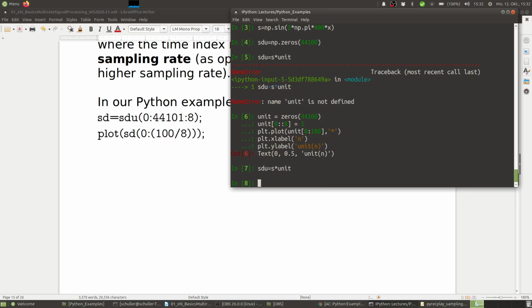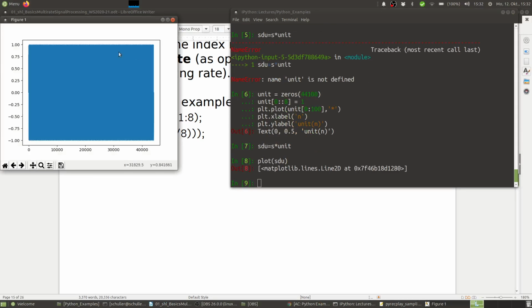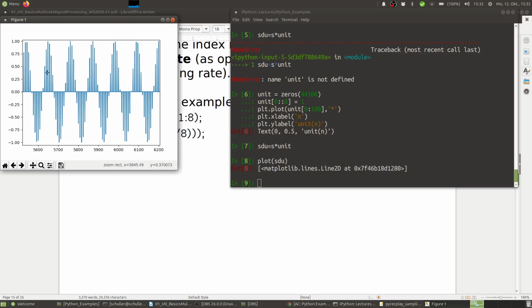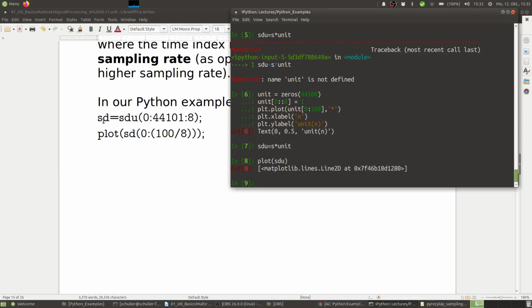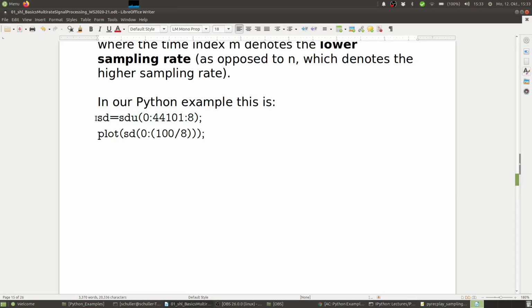So this is our SDU. And then we just plot SDU. This is basically the one where we have all the zeros inside. That's why you don't see much here. When you zoom in, you can see you have a sample, and in between you have zeros. Now we just keep the non-zero values. We just throw out the zeros.